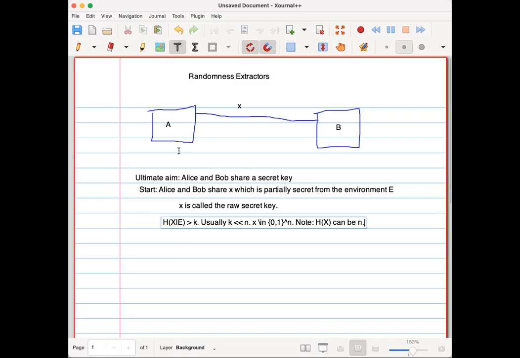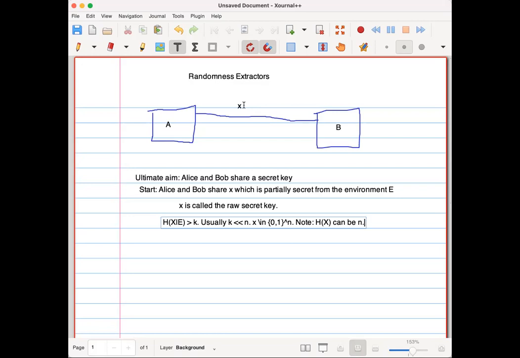Another example comes if you run some genuine cryptographic protocol. Often the result of that protocol is a raw secret key, which is partially secret from the environment. This can happen in many ways. It can happen as a result of a larger classical cryptographic protocol going on.